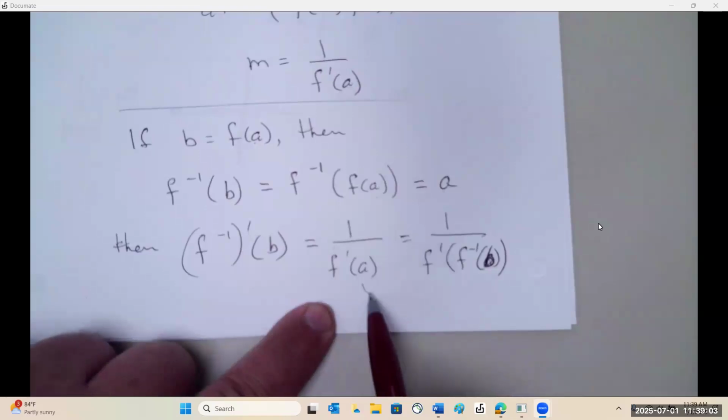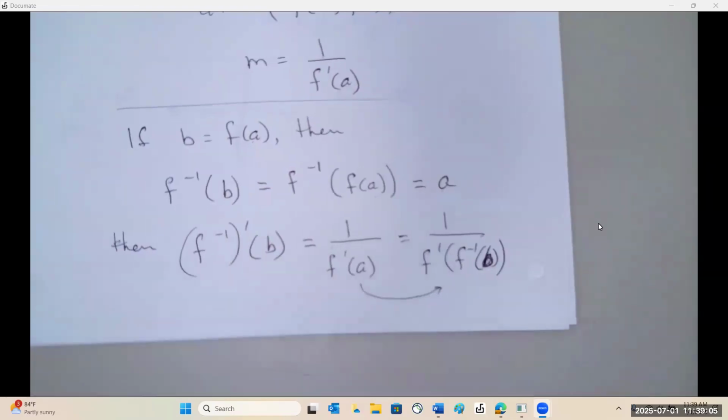How do I go from here to here? Very good.